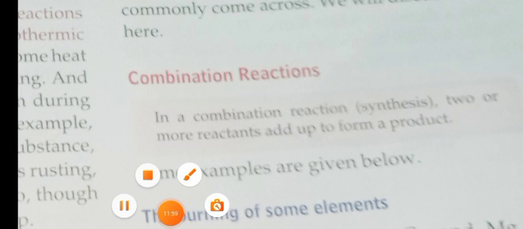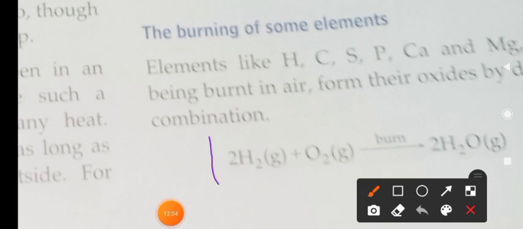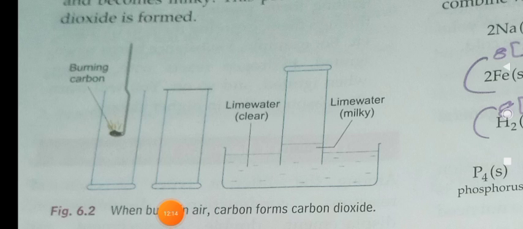Look at this example: hydrogen combines with oxygen to form water. Two or more reactants combine to form the product, that is called a combination reaction. Do you understand this? Also, when carbon dioxide gas is passed through lime water, it forms a milky white precipitate.